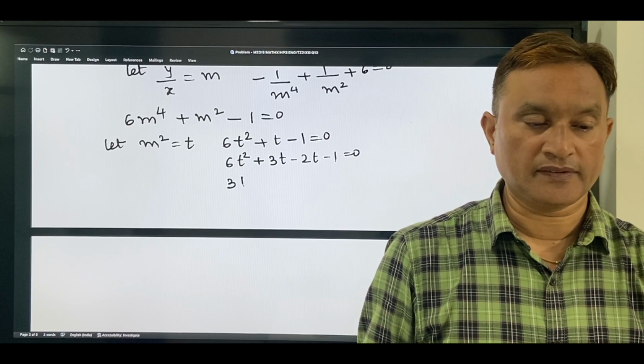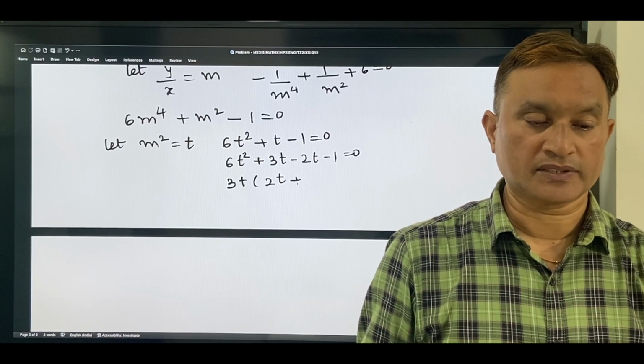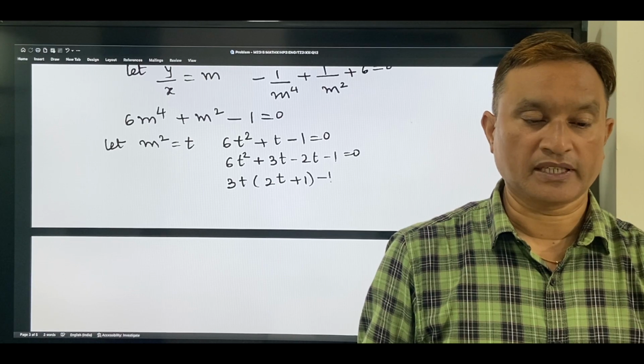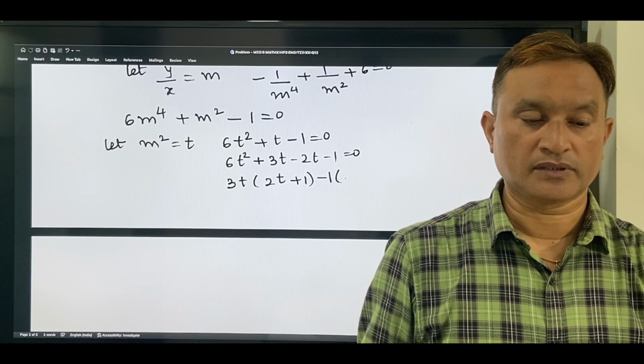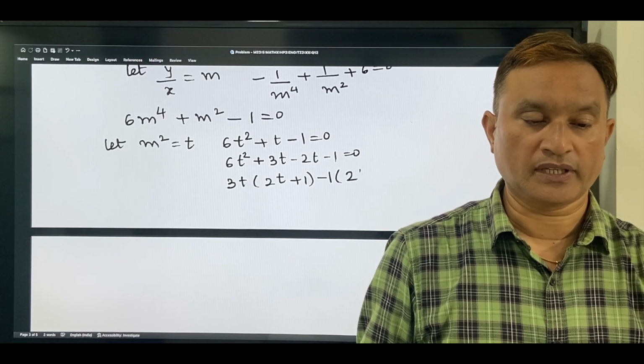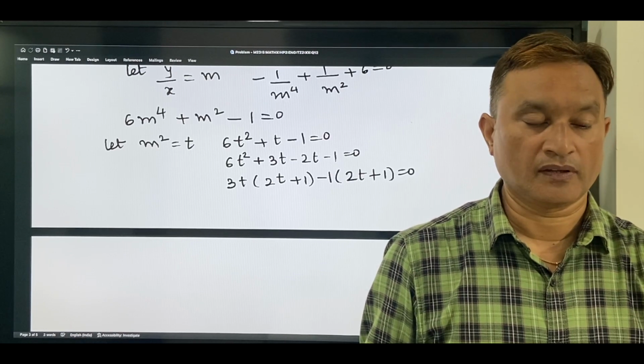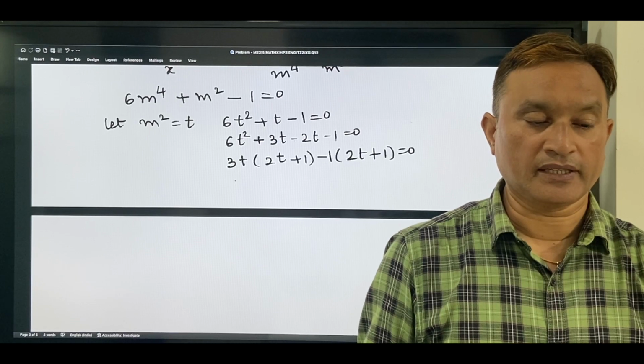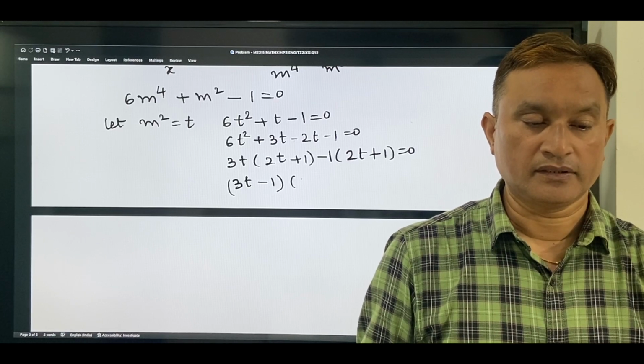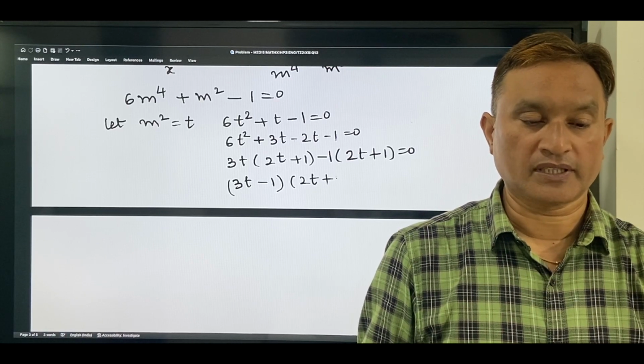So 3t we will take common, so it would be 2t plus 1, and take minus 1 common, so it would be 2t plus 1 equal to 0. So we will be getting here (3t minus 1) and (2t plus 1) equals to 0.